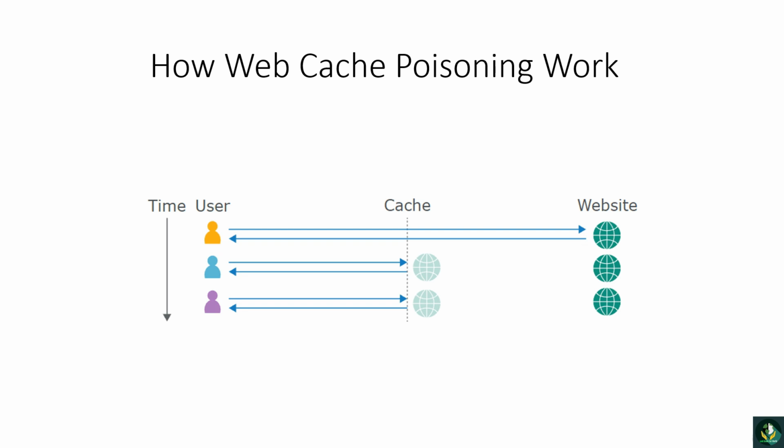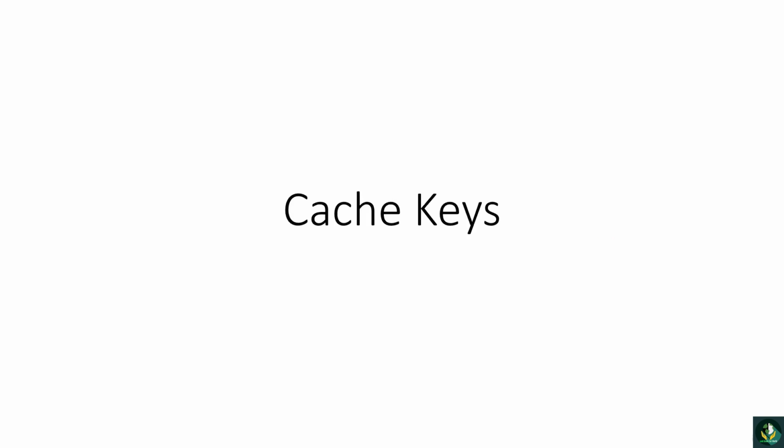So, how do cache keys work? To determine if something is already cached, caching servers keep an index of all the cached content and use cache keys to look up requests. A cache key is usually a simple string assembled from distinctive parts of a request, such as a combination of a path and header values, that should be sufficient to distinguish between cached and uncached requests.